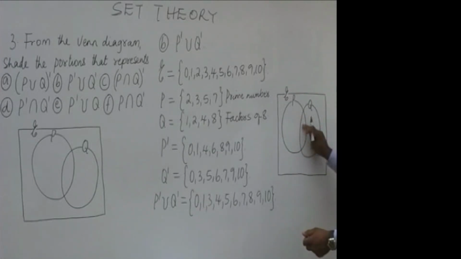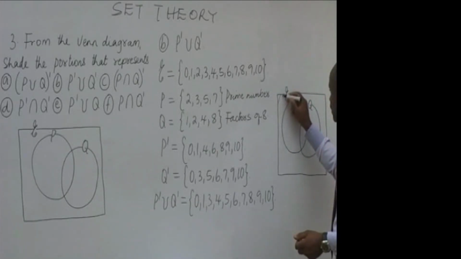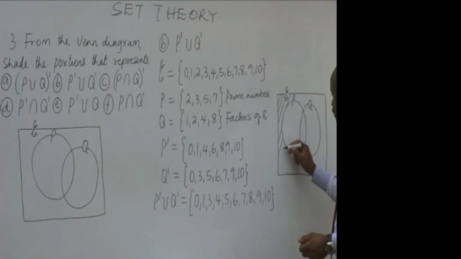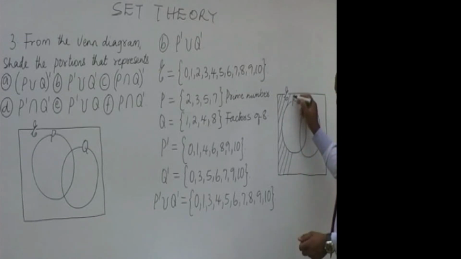This is where we have P intersection Q. So shade everything, avoid P intersection Q. It is only P intersection Q that you avoid shading.